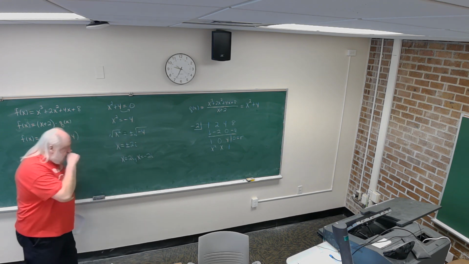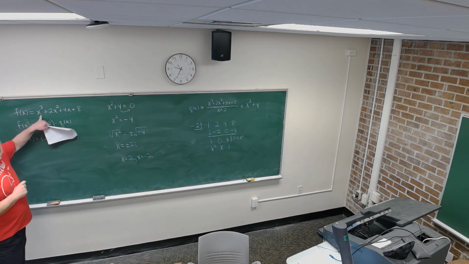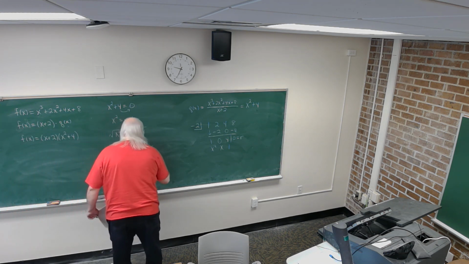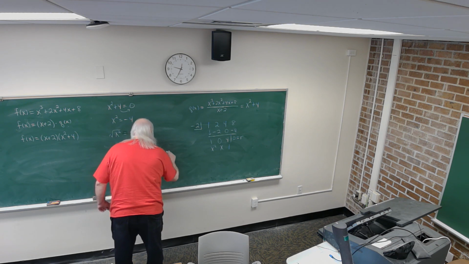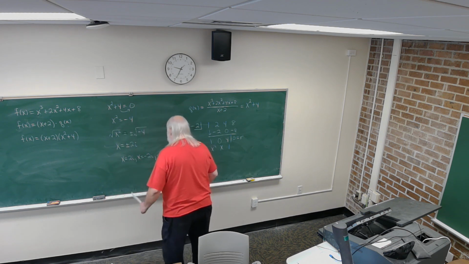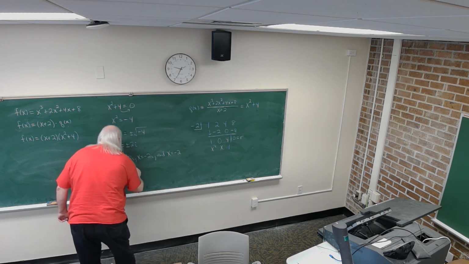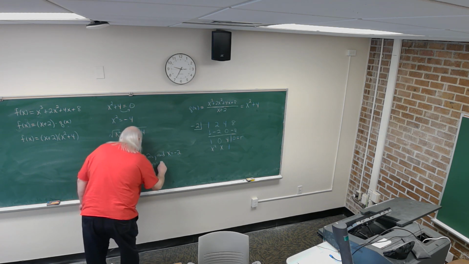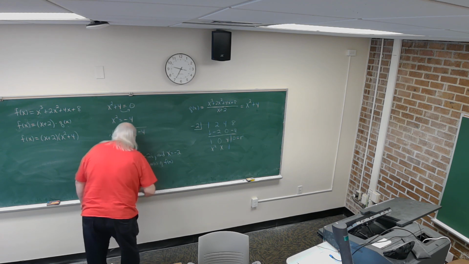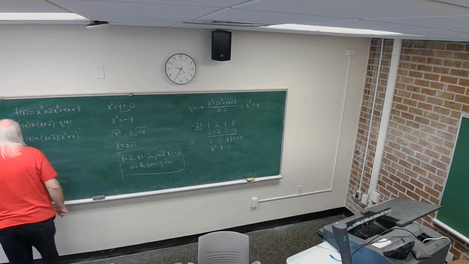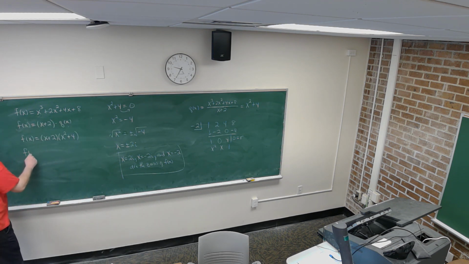So x equals plus 2i and x equals minus 2i are the last two zeros of our third-degree polynomial. And the first one we discovered was x equals minus 2. So what's the complete factorization of f of x?